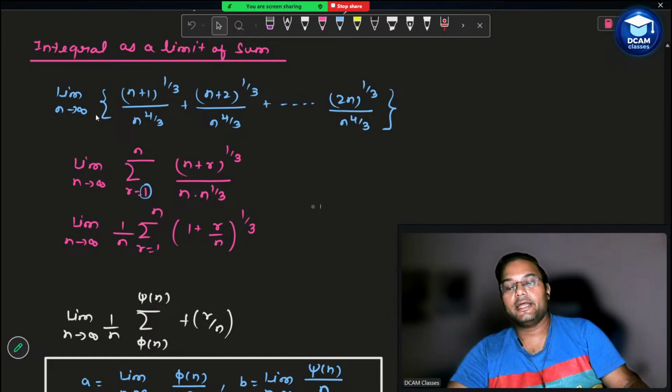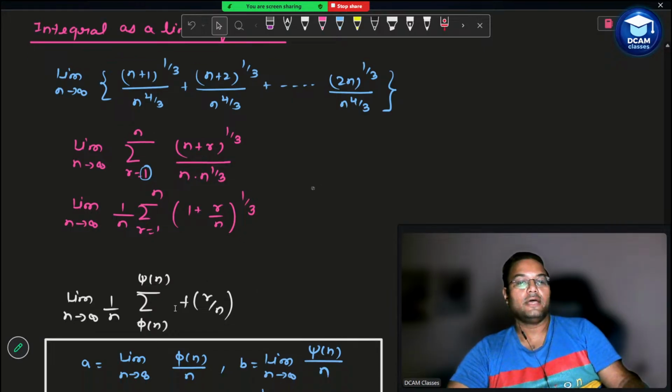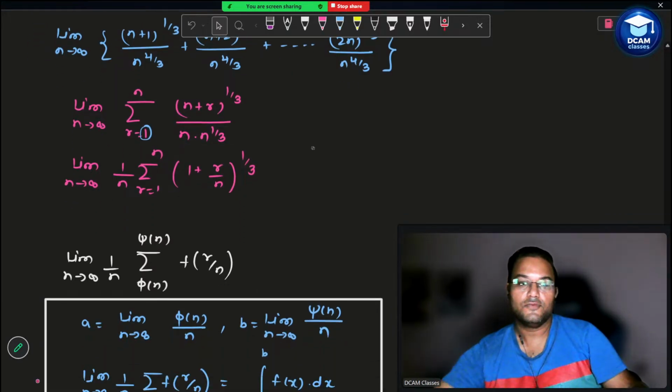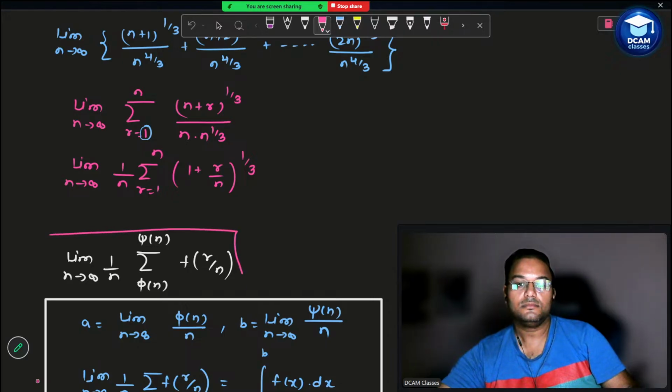We need to write the given series in the form of the white one: limit n tends to infinity, 1 by n, sigma from phi of n to psi of n, f of r by n. And just look very carefully at how I have done it. Suppose this kind of question was there, the given question.